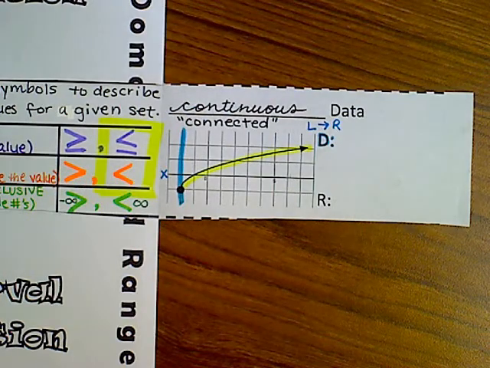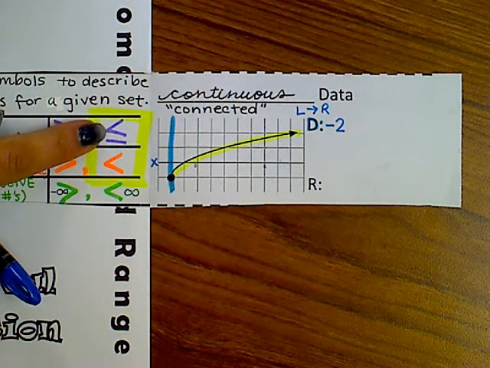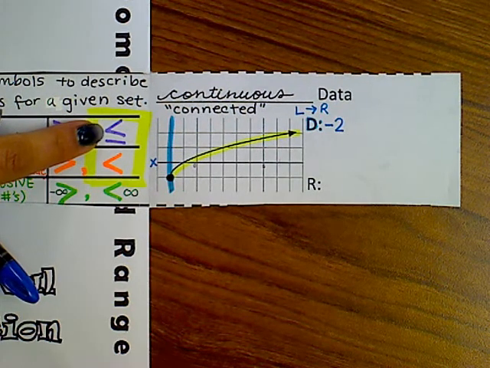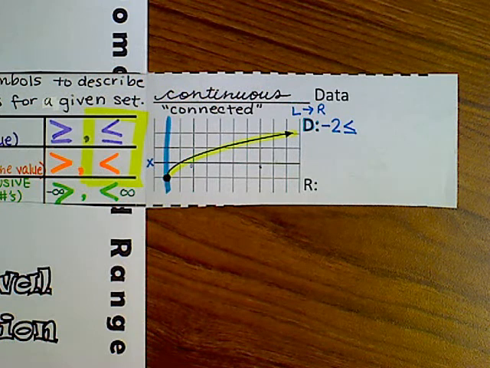So let's go ahead and begin by writing out that value. -2. Because I'm reading from left to right, I don't really have to think very much because I know I have a solid dot. I'm going to go ahead and write this inequality as less than or equal to. Because I'm dealing with the x values, my next step is x.